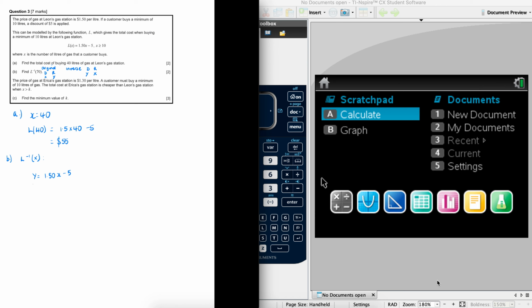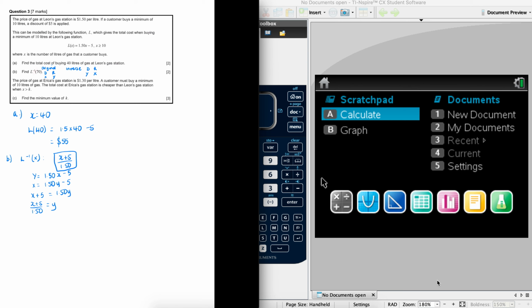So we swap the x and y, and then rearrange to make y the subject, which is what we would normally have. So dividing by 1.5, the inverse function is x plus 5 divided by 1.50.